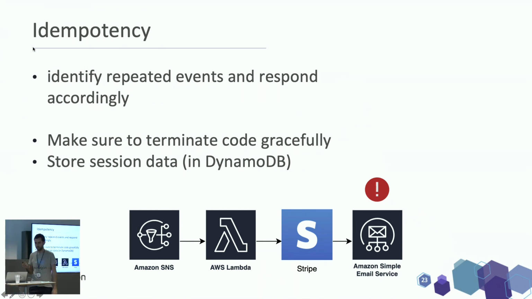Now, what happens in this scenario if we're having a failed SES event? For example, we tried to send an email, but something crashed dramatically in the code. So it means we're going to have another retry after we already charged the user. The retry will trigger the Lambda function, and then we will charge the user, and then we're going to send another email. But that's probably going to fail again because nothing changed in the last minute.